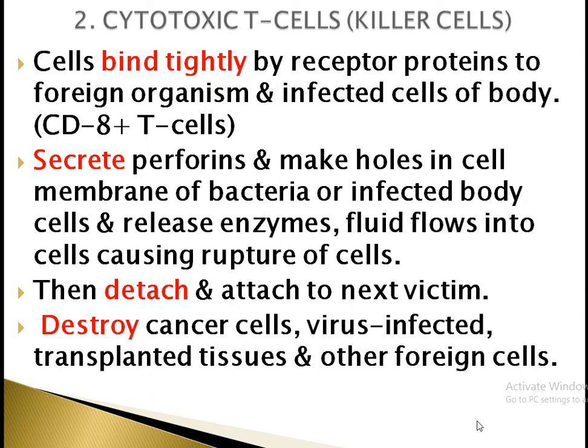They secrete a special secretion, perforins, and make holes in the cell membrane of the bacteria so that different specific killing enzymes flow into it and cause the rupture of the cell. Then they detach from the previous one and are ready to attack the next infected cell. So they destroy cancer cells, virus-infected cells, transplanted tissues and other foreign cells.